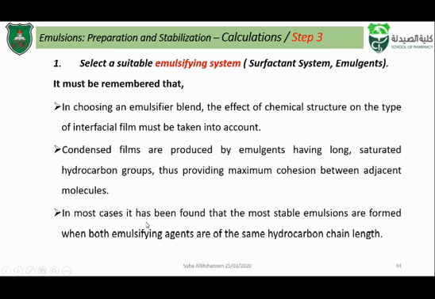In most cases, it has been found that the most stable emulsions are formed when both emulsifying agents are of the same hydrocarbon chain. Yet, we can still use emulsifying agents with different hydrocarbon chains.